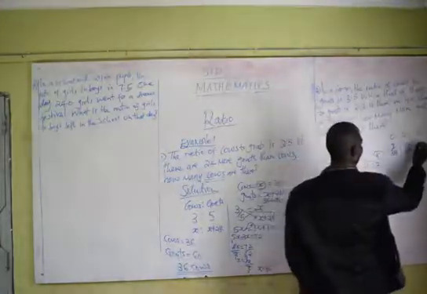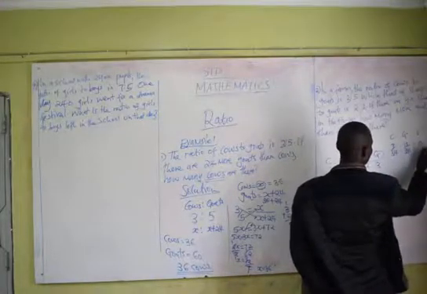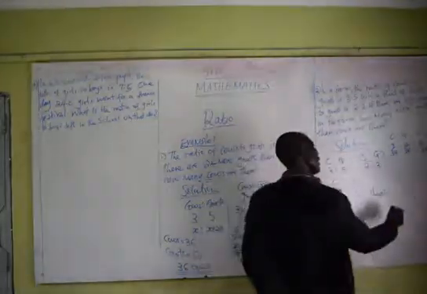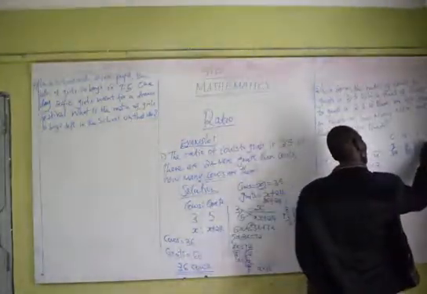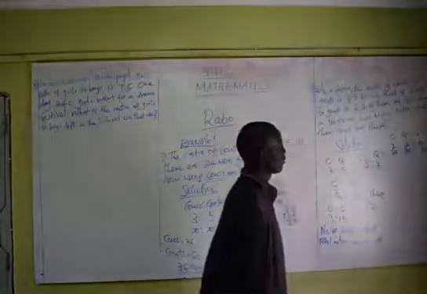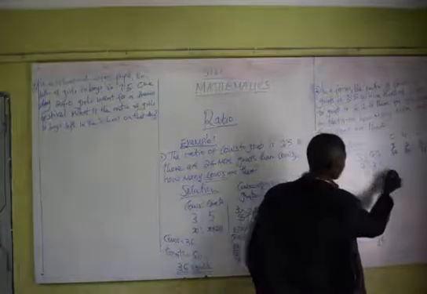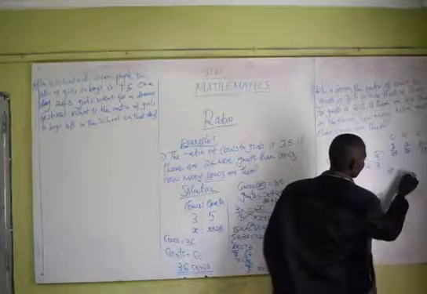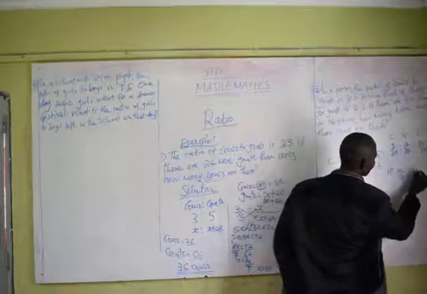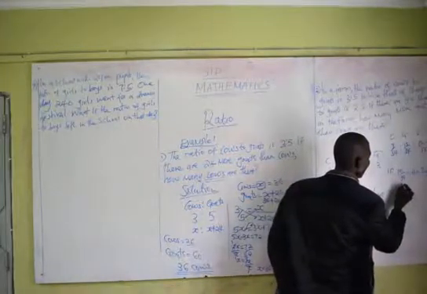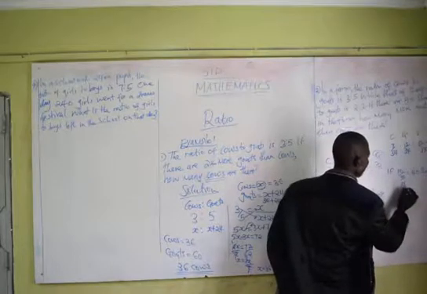Then the sheep, that is 10 out of the total ratio, 34. But now we can say, if 10 over 34 is equal to 40 sheep, what about 34 over 34, which is the same as 1?